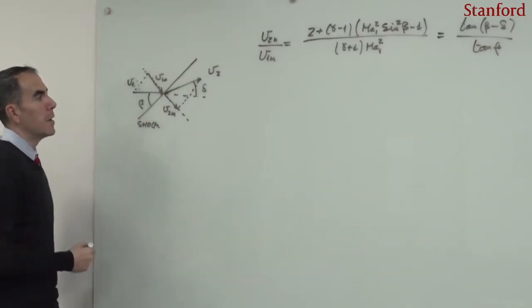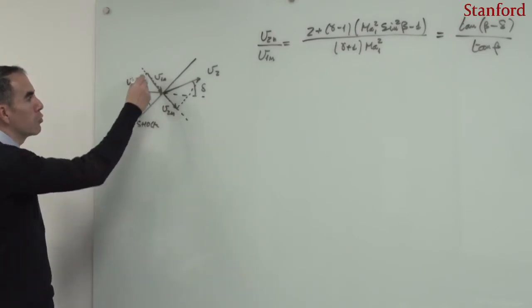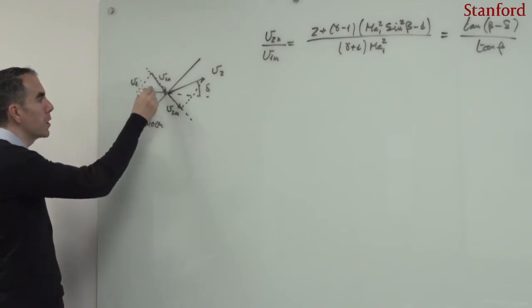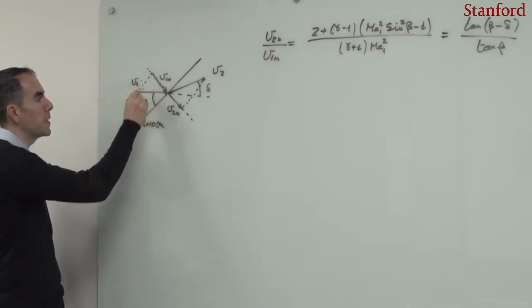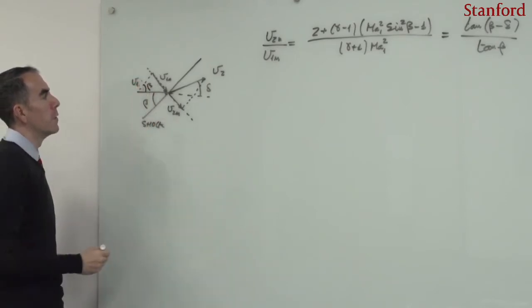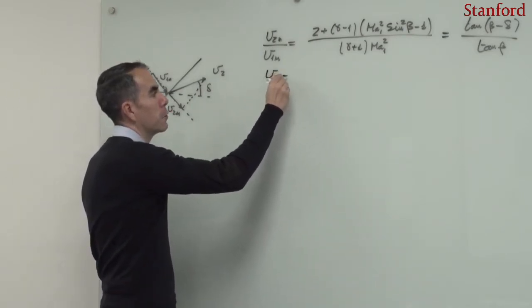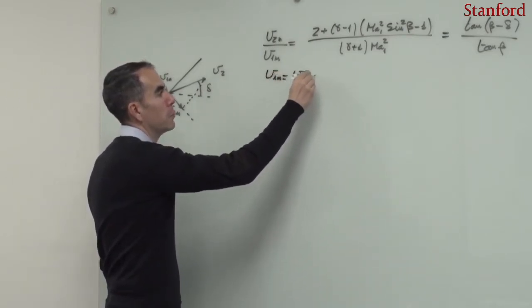At the same time, one can also construct relations between u1 and u1n, just by looking here at this angle. If this angle is beta, by symmetry, this angle is also beta, and then u1n is equal to u1 multiplied by the sine of beta.